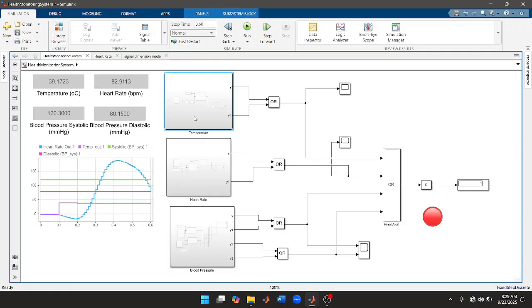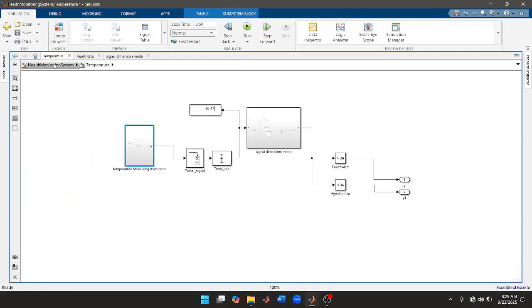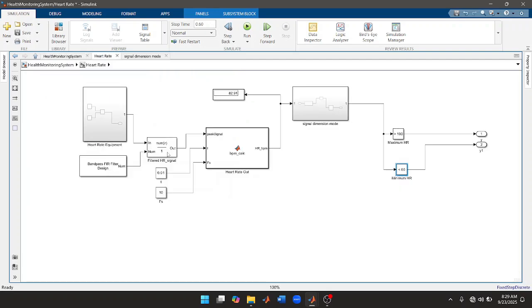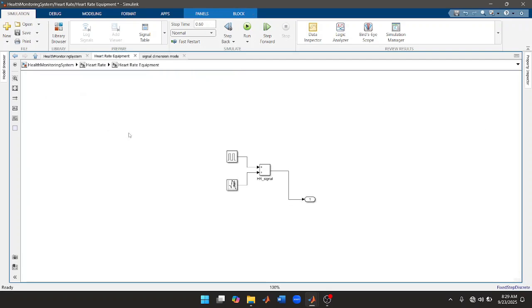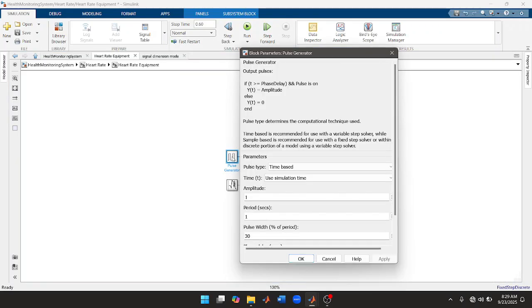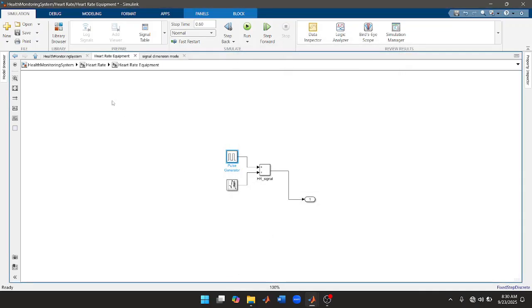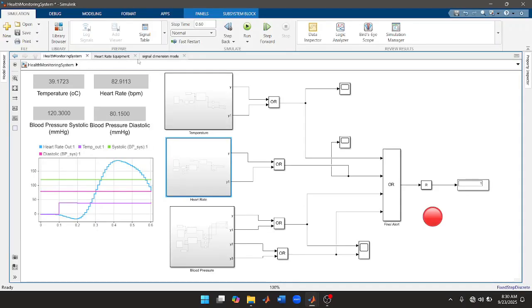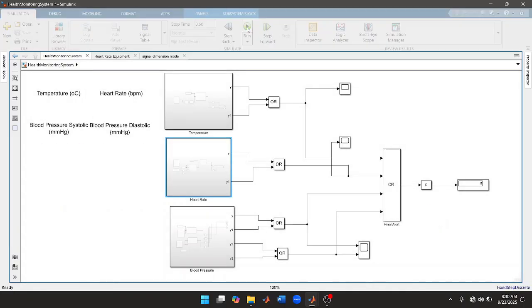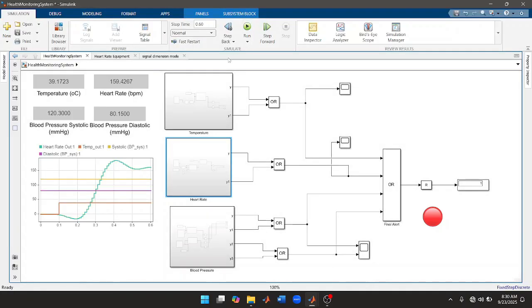Now if we go back to the heart rate, you can also increase or decrease the heart rate. If we increase the heart rate, let's say by 44, now you can see the heart rate has increased drastically.